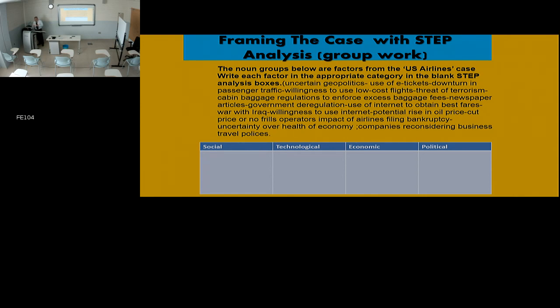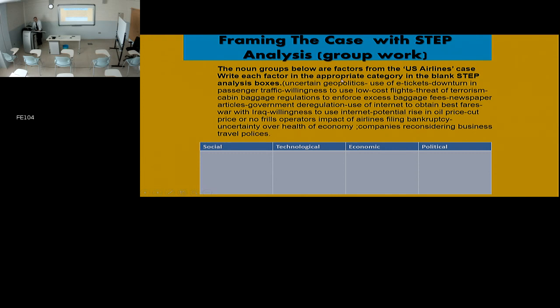Examples. In terms of SWOT analysis and STEEPLE analysis, it can come as an activity, and you need to find out the examples. So let's have this example.